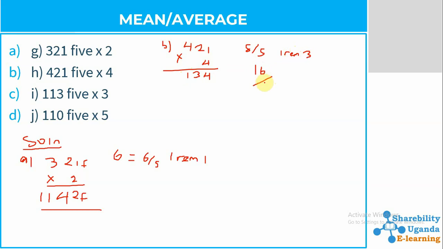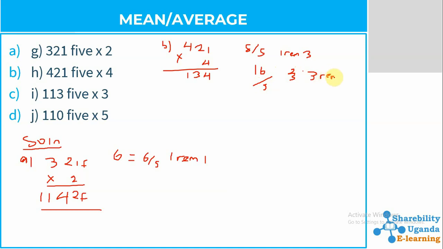We say 16 divided by 5. We can get 3 remainder 1, because 3 times 5 is 15.